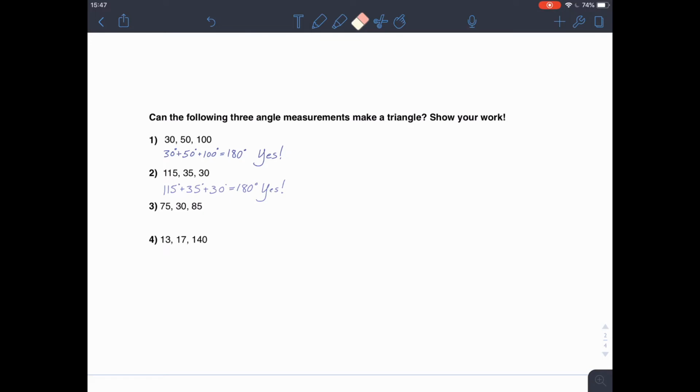In number 2, when we add them together, we also get 180 degrees exactly, so we're good for a triangle there. In number 3, when we add those together, we end up with 190 degrees, so we cannot make a triangle with that. That's too big. And then for number 4, when we add those up, we get 170 degrees, so that would not make a triangle because our angles are too small. Our lines wouldn't quite make that full triangle.